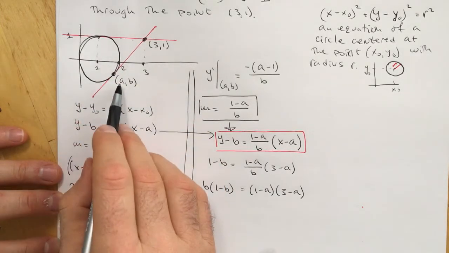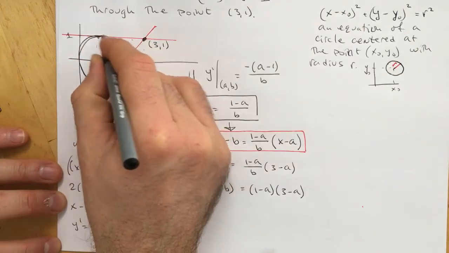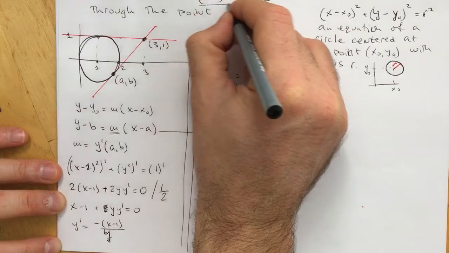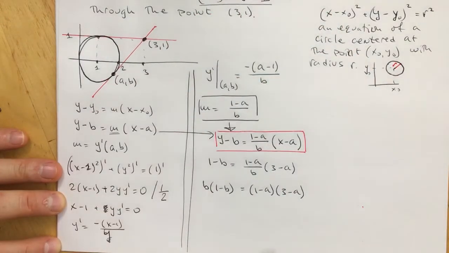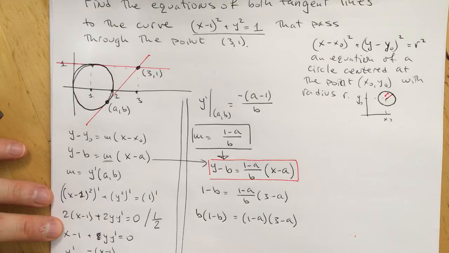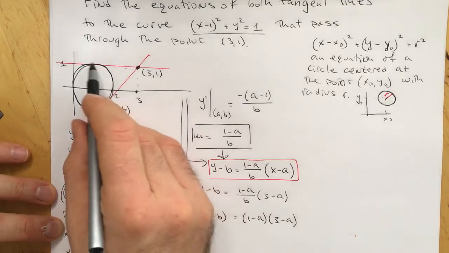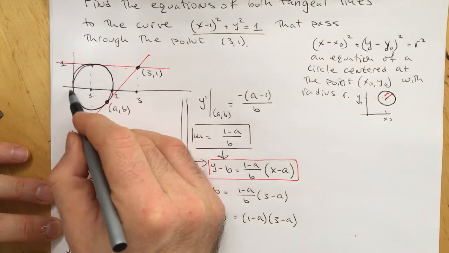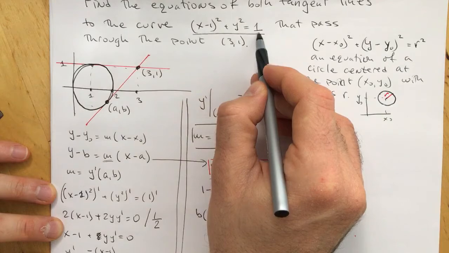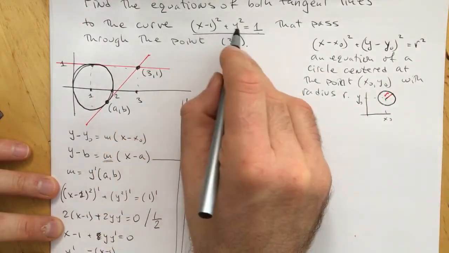I haven't used the idea that the point AB belongs to this curve, which means it satisfies what? It satisfies the equation that's given, the equation of the circle. Again, I'm repeating: because AB belongs to the circle, it's on the circle, it must satisfy its equation. So that means that I can plug a and b for x and y here.